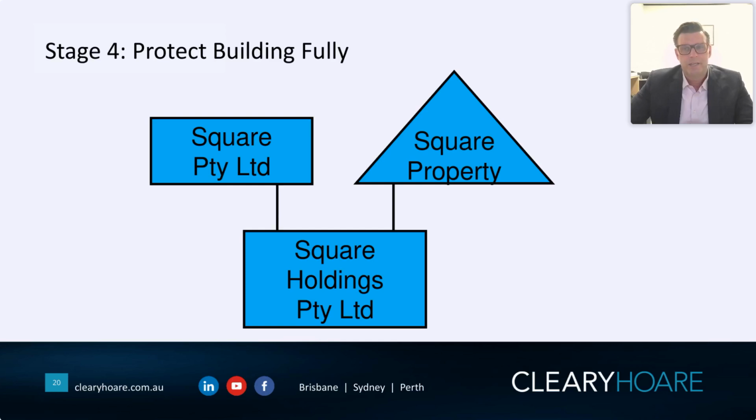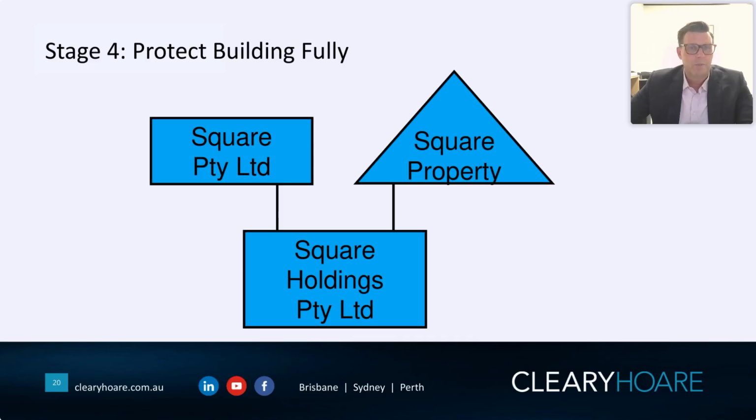And depending on the state, if we're looking at that corporate reconstruction relief within the Duties Acts, it may have to be a company, but in this example, we're going to use a trust. So we could establish Square Property, a trust. As I said, a trust can form part of a consolidated group as long as the only members of that trust are other members of the consolidated group.